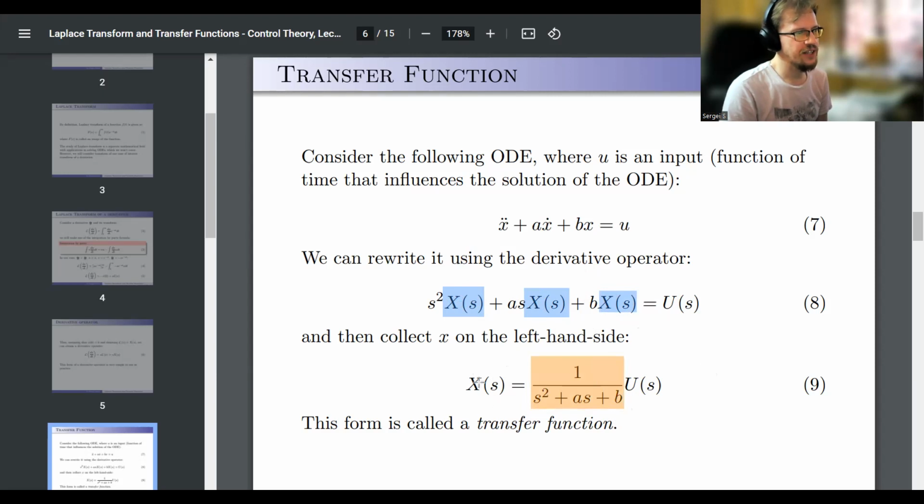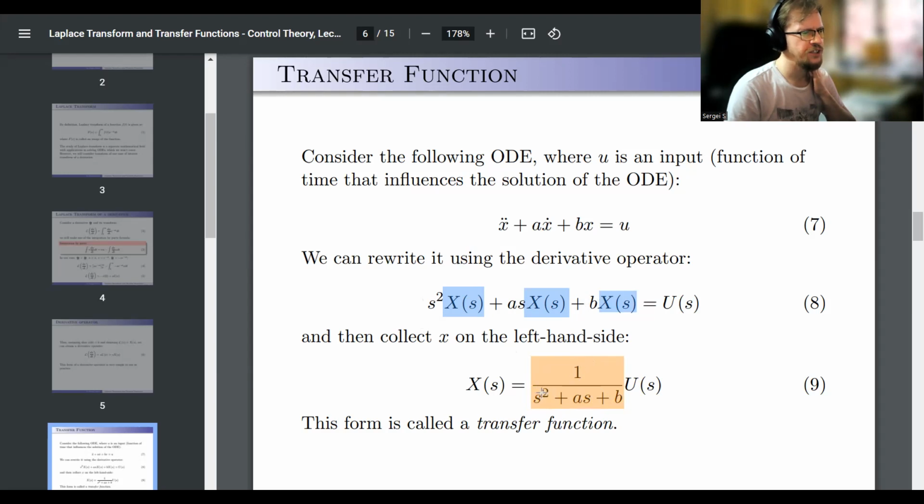So X(s) depends on U(s) as 1 over (s squared plus a s plus b). Here, if you still think of s as a differential operator, as a derivative, basically indicating double dot, dot, no dots, then this becomes bizarre. It stops making any sense.